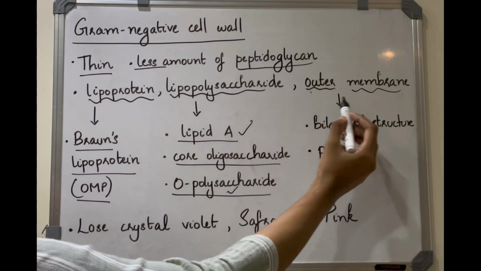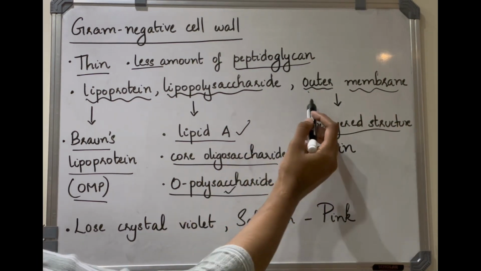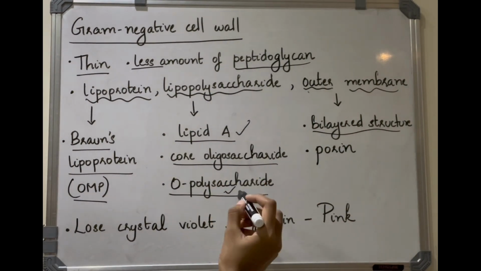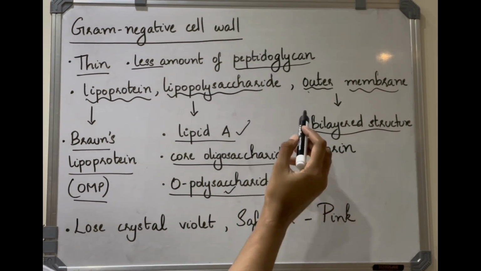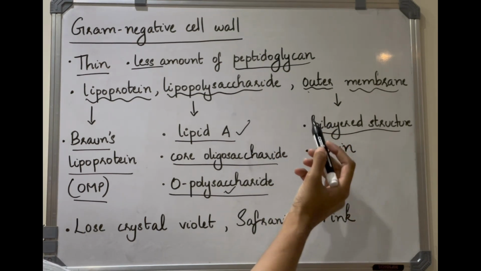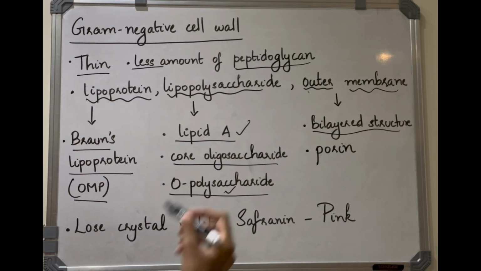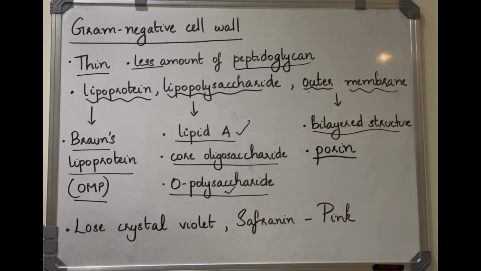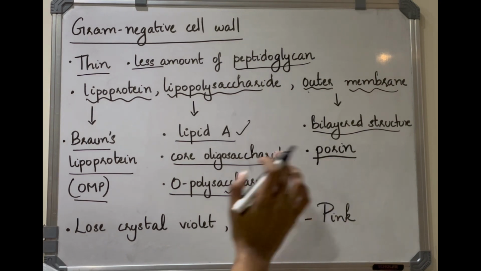Then comes the outer membrane. The outer membrane is a bilayered structure. It has an inner layer resembling the plasma membrane and an outer layer that is made of lipopolysaccharide. The outer membrane also contains porin proteins. What is the function of the porin proteins?